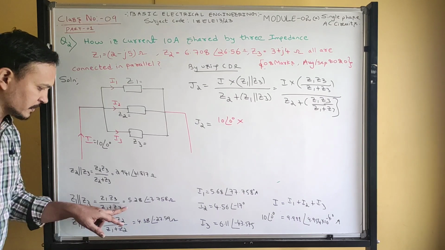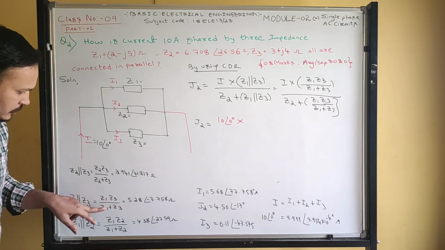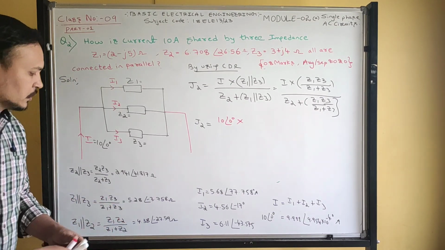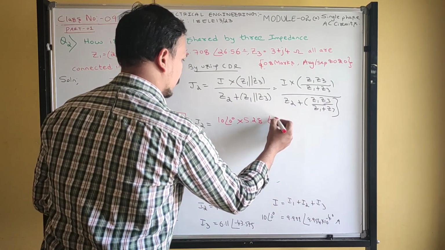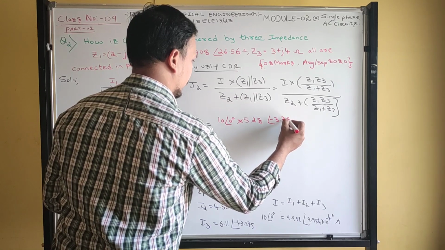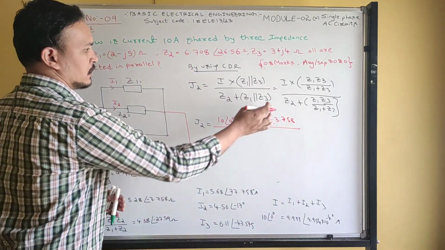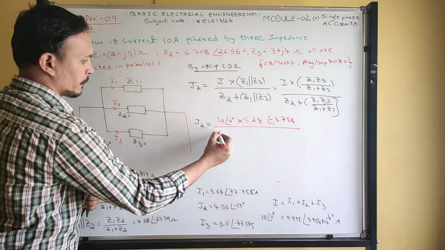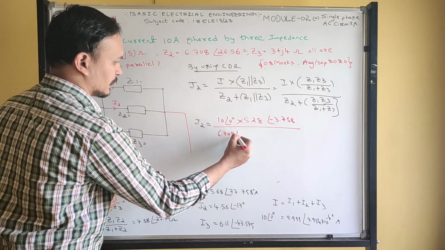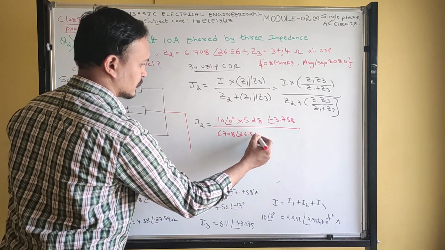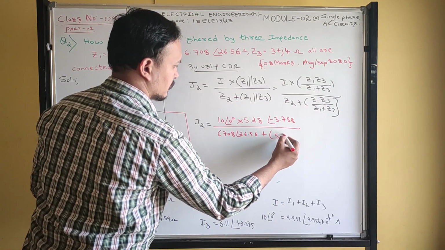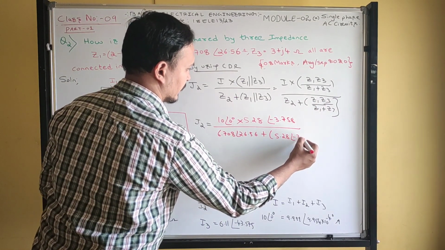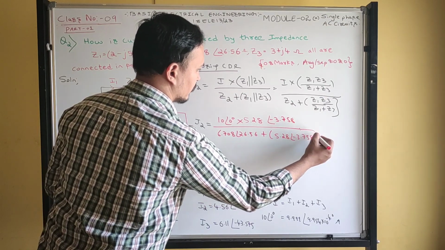Z1 parallel Z3, how much do we get? By putting the values, we get this answer: 5.28 at an angle of minus 3.758, divided by Z2. What is Z2? 6.708 at an angle of 26.56, plus this combination, that is 5.28 at an angle of minus 3.758.